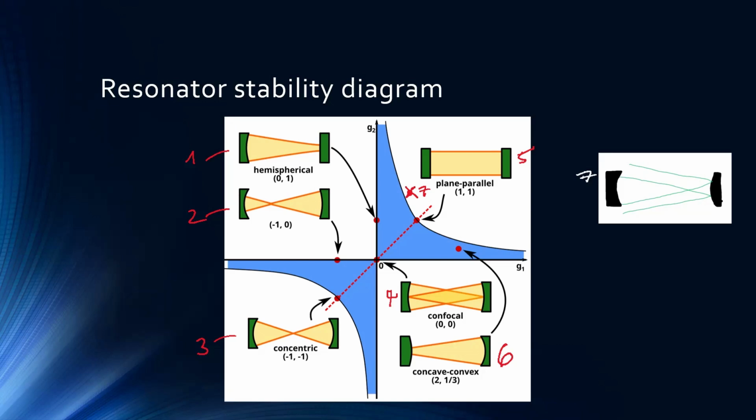Yeah, how do the G values specifically correlate to the path that is shown in the diagram? So like I said, for example, R is the curvature radius, so where two light beams would meet.